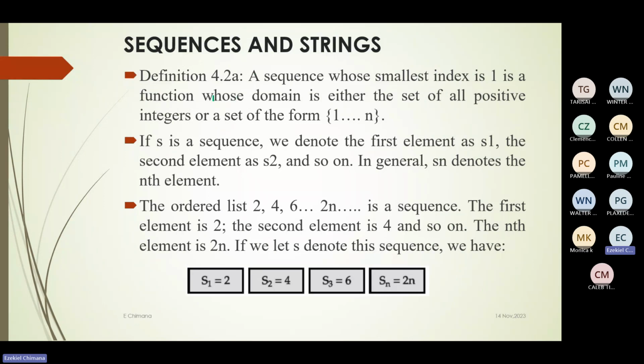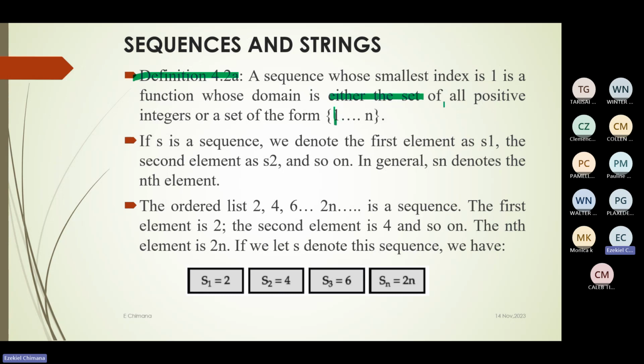So the definition for a sequence whose smallest index is 1 is a function whose domain is either the set of all positive integers or a set of the form 1 up to n.